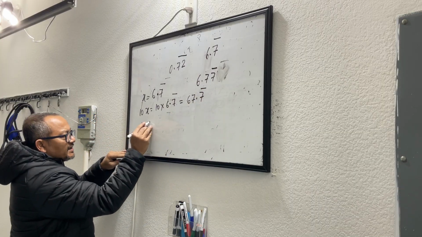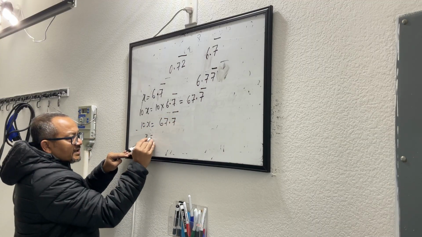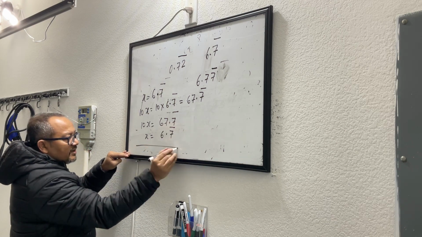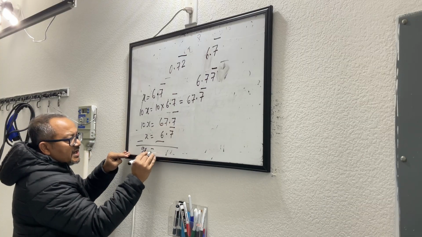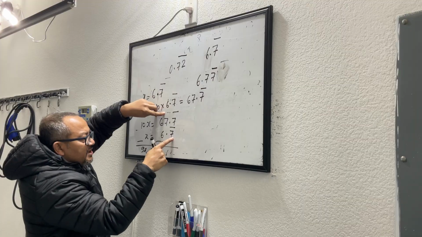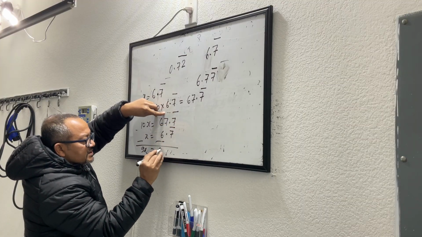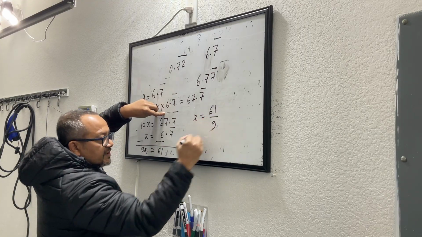So 10x is 67.7 repeating and x is 6.7 repeating. When you subtract this, this became 9x equals 67.7 repeating minus 6.7 repeating. 7 repeating is gone. 67 minus 6 is 61. So x will be equal to 61 over 9.